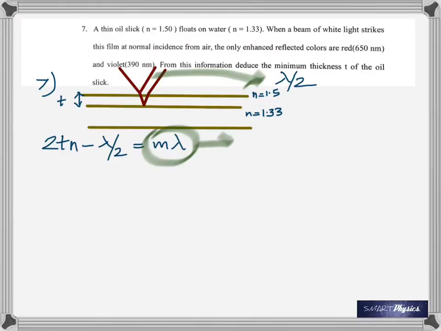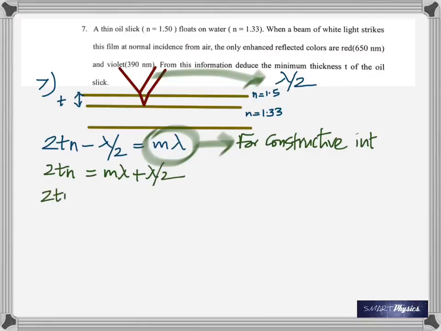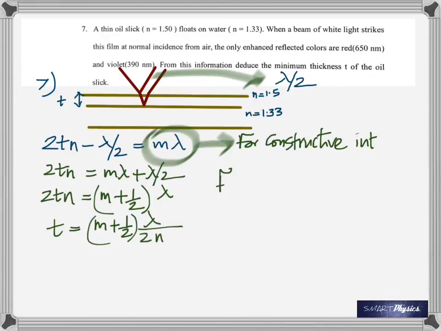That's the condition for brightness, because enhanced means brightness from constructive interference. Rearrange that, take lambda by 2 to the other side, take out lambda, and then make t the subject. And substitute.